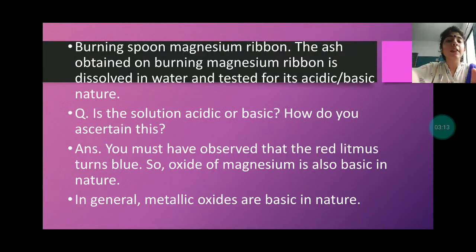One question will arise in our mind: is the solution acidic or basic? How do you ascertain this? You must have observed that the red litmus paper turns blue. So the oxide of magnesium is also basic in nature. In general, metallic oxides are basic in nature.